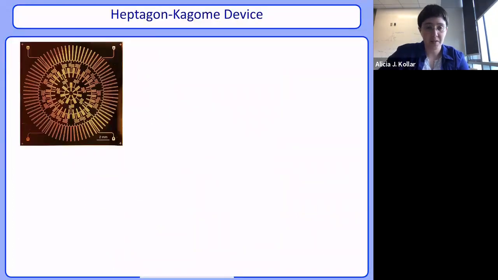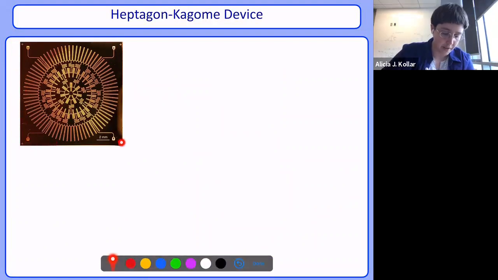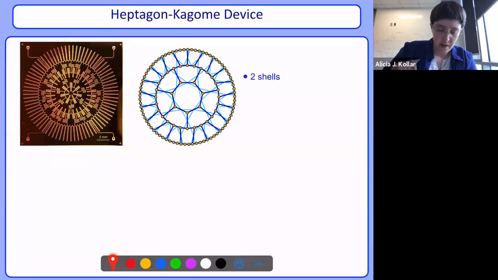Okay, so this is what the device actually looks like. It's a 1" by 1" sapphire chip with a 200 nanometer film of niobium. Each of these glowing lines is one of the coplanar waveguide resonators. The resolution isn't high enough for you to see the center pin, so the two gaps just blur together. This is the center of the hyperbolic honeycomb. This central ring has 7 resonators, so that's these 7 sites.